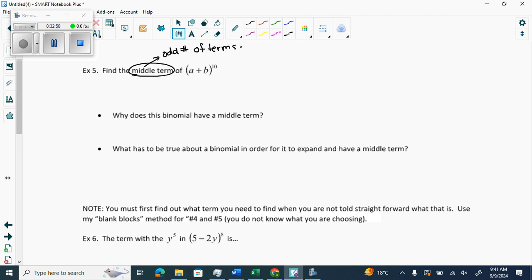So what does our exponent have to be here? Our exponent always has to be what in order to have a middle term? Even. Because the total number of terms has to be odd, which is the total number of terms is 1 more than n. Okay? So why does this binomial have a middle term? The exponent is even.